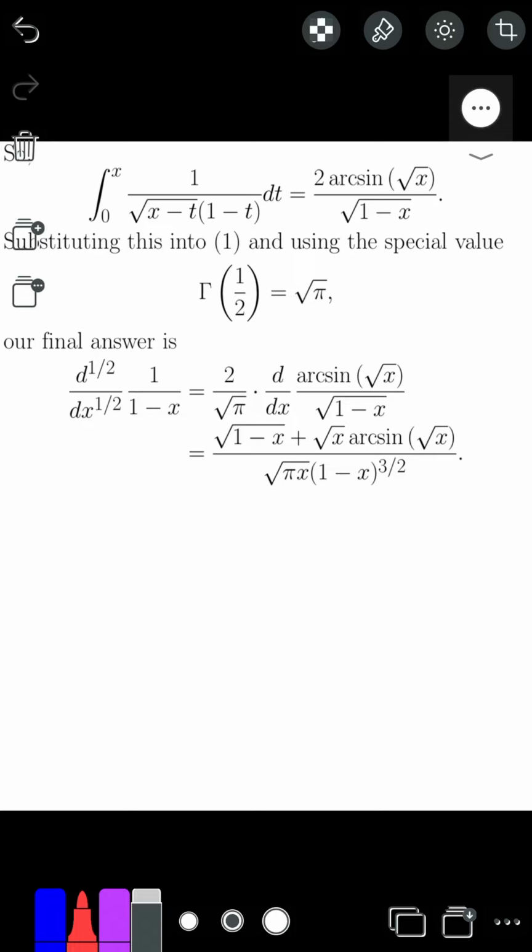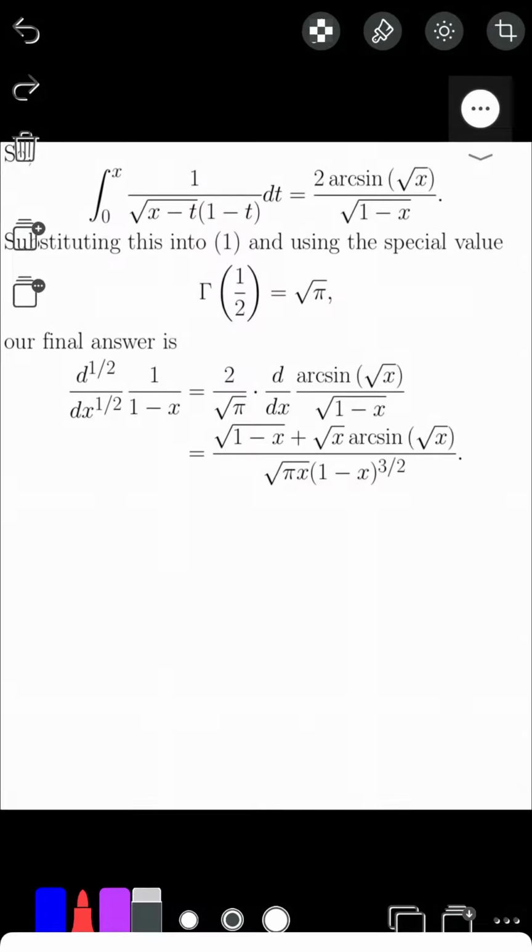Yeah, so here is the result of the integral after evaluating it by 2 substitutions and then using the identity arctan of square root of x over square root of 1 minus x is equal to arcsine of square root of x. And that simplifies a lot. So this is the result of the integral.